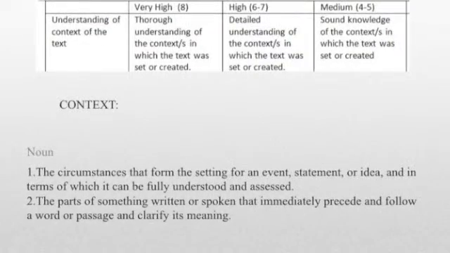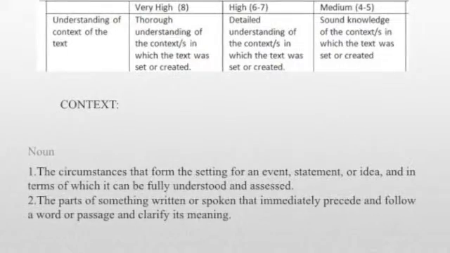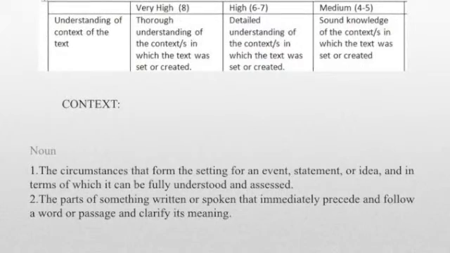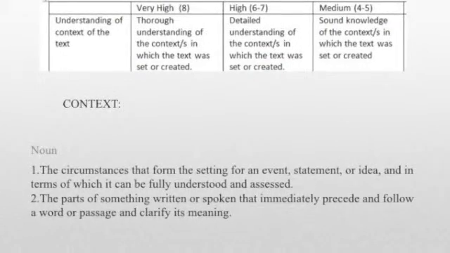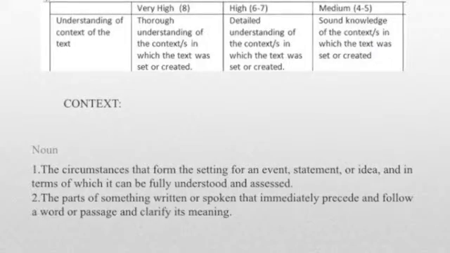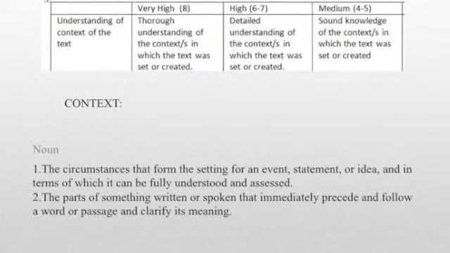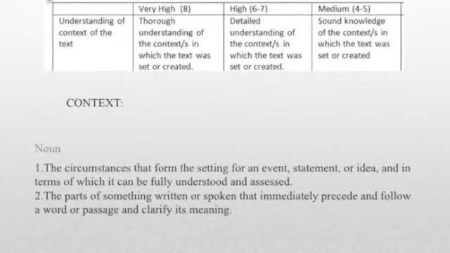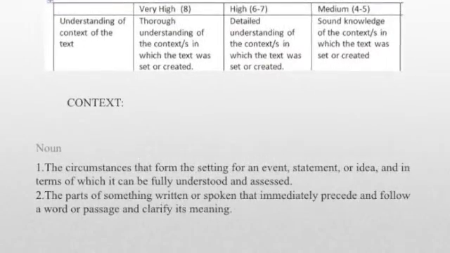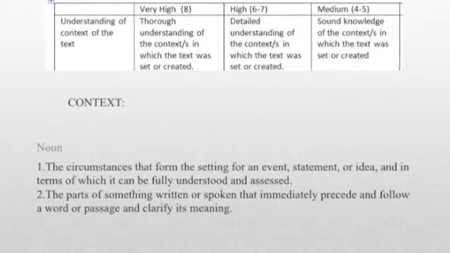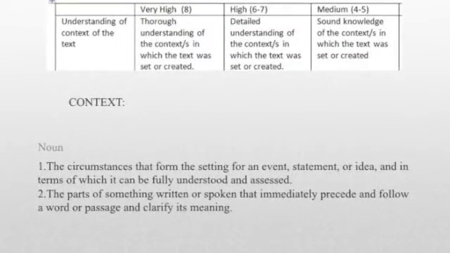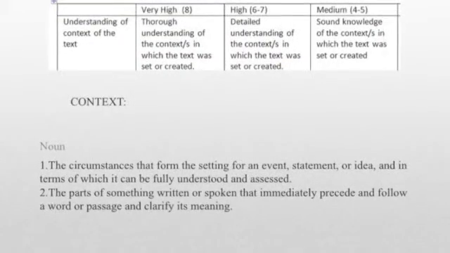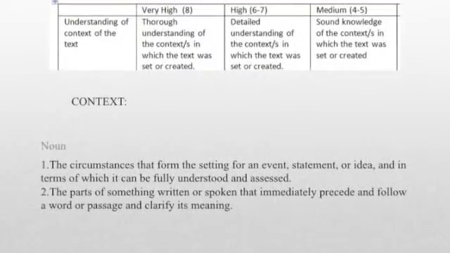In other words, if you're doing Adrienne Rich, you need to develop and show an understanding of the fact that she was writing in the 60s and 70s in pretty turbulent political times, where the growth of feminism, the Vietnam War, and other kind of social civil rights issues were very prominent, including the beginnings of the gay rights movement. So the context of the text is really to do with the kind of historical period or society from which this author emerged, and it needs to be, like all the other criteria, really clearly addressed.